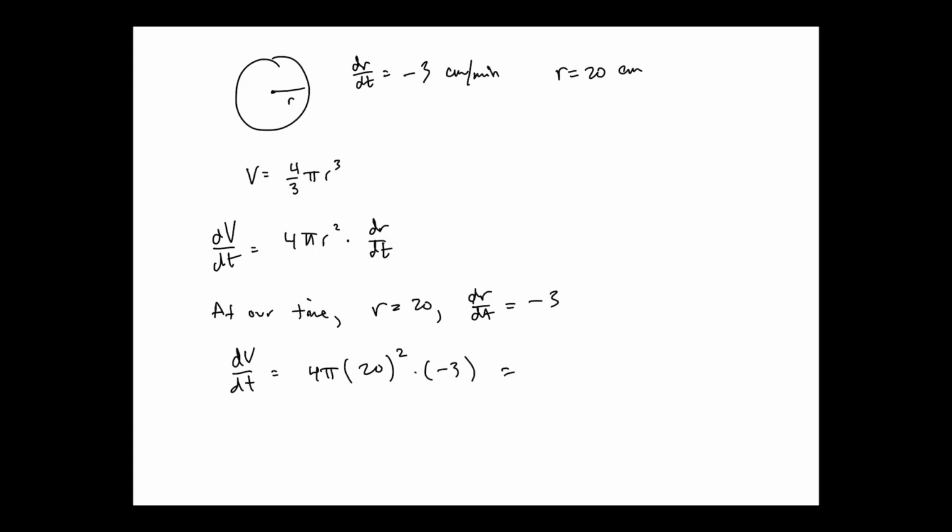And let's see, what do we get? 400 times negative 12 times pi. Okay, whatever that number is, I don't really care.